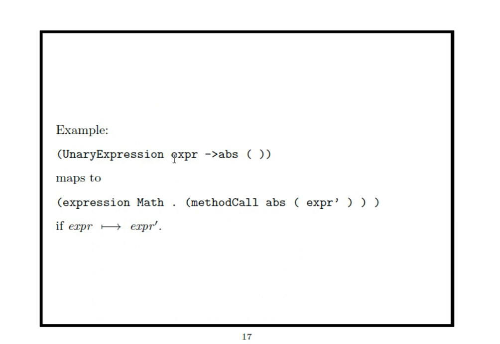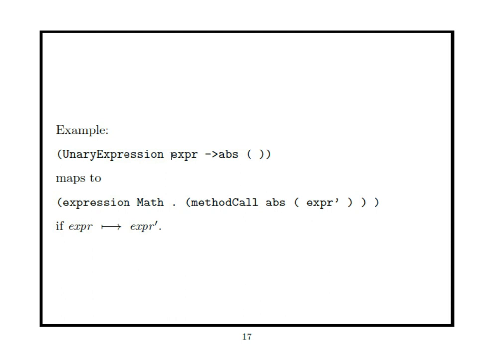For example, in going from a unary expression like this, where we have a something and then an operator and then a couple of brackets, in Java that might map to an application of the math library. So we have Math dot a method call, and the abs here corresponds to the abs there, and the expression in the parameters corresponds to the first subtree of the source.